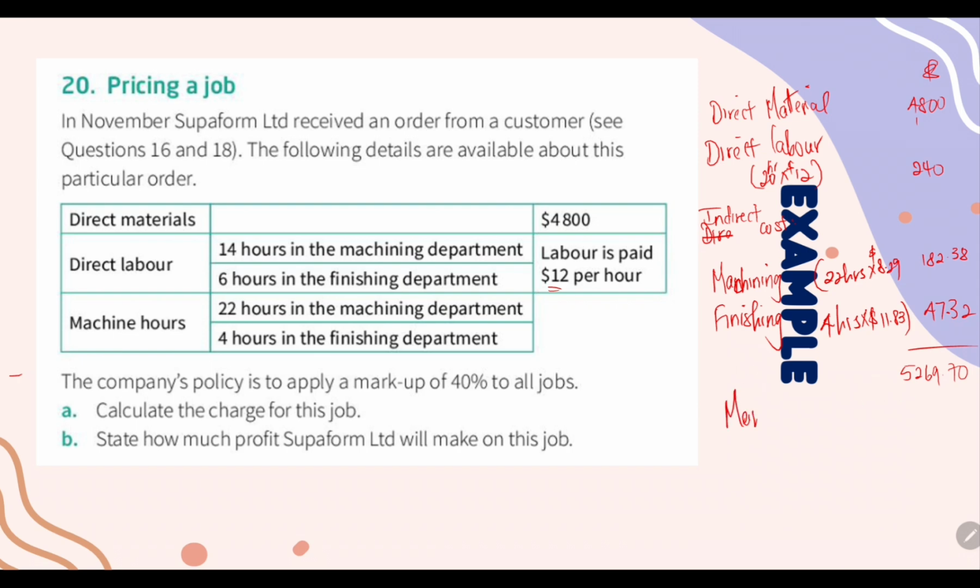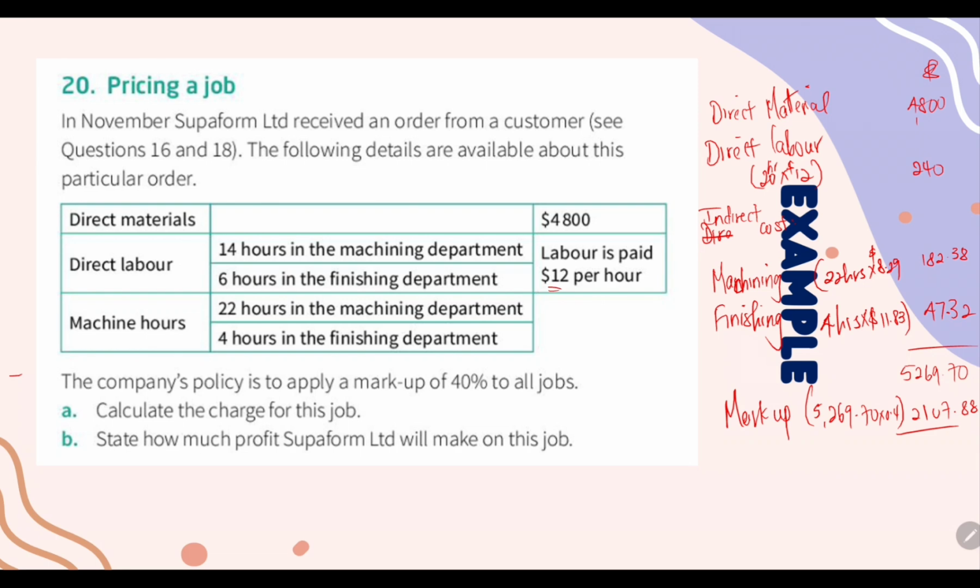Our markup is 40%. So you have $5,269.70 times 0.4, and this is going to give you $2,107.88.